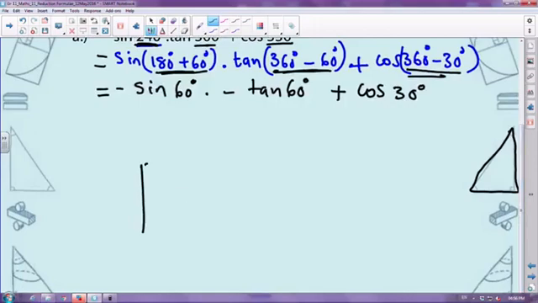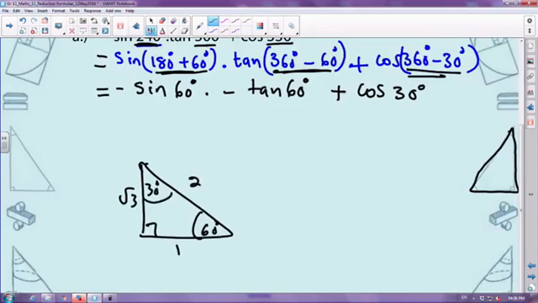That's 60 degrees, then that's your 30. Now, guys, watch. Sine 60 is the square root 3 over 2. Cos 30 is root 3 over 2. Now let's just go to our triangle.